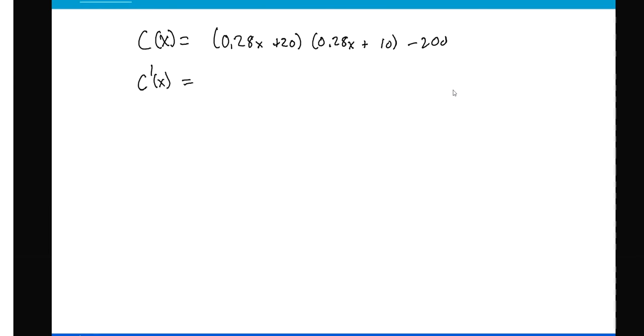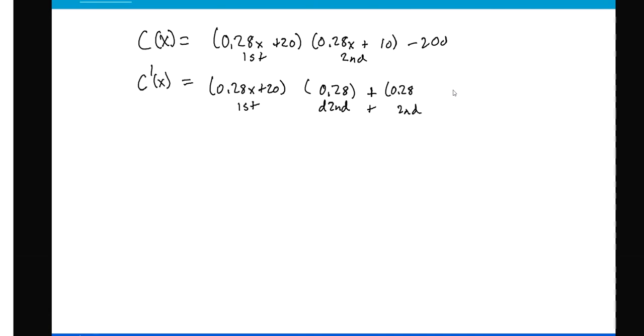Again, we're going to call this first and this second. So first is 0.28x plus 20. The derivative of the second is just 0.28, plus the second, which is 0.28x plus 10, times the derivative of the first, which is also 0.28.